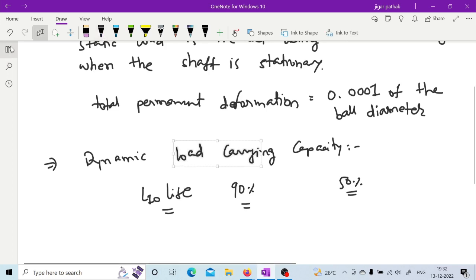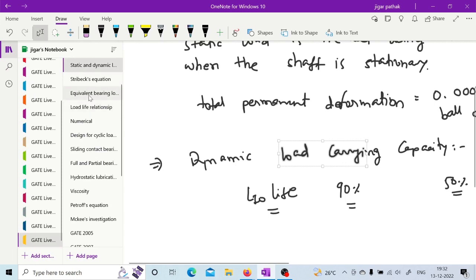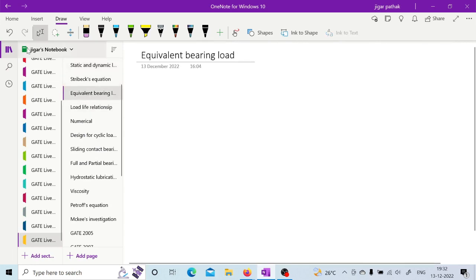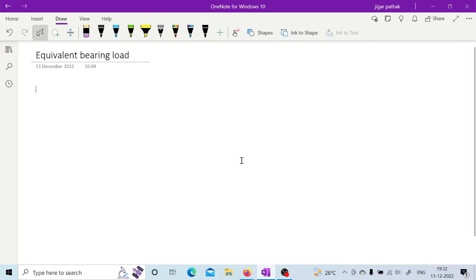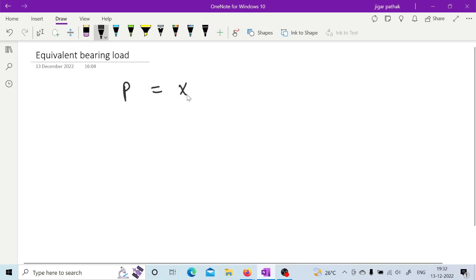In this case, what is sometimes adopted is the equivalent dynamic load. For the equivalent bearing load, it will consider the radial load as well as the axial load. So here P is the equivalent dynamic load.